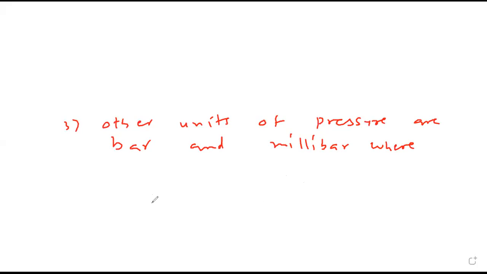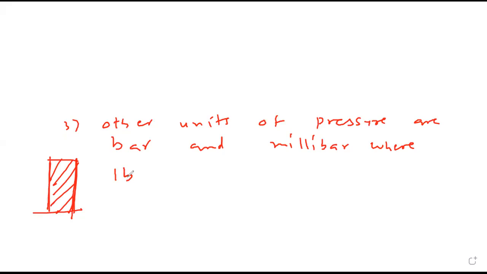It is slightly vertical when you hold it properly. So if the liquid is taken in a container, then it will be like a bar. So sometimes pressure is also termed as bar. Units of pressure are bar and millibar.